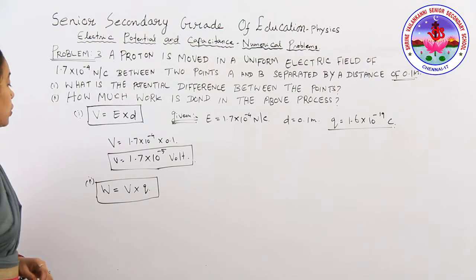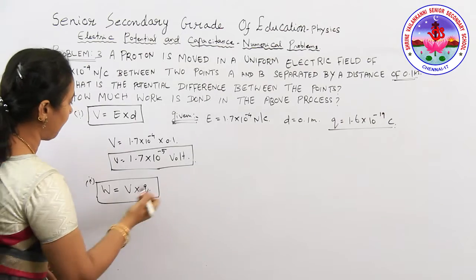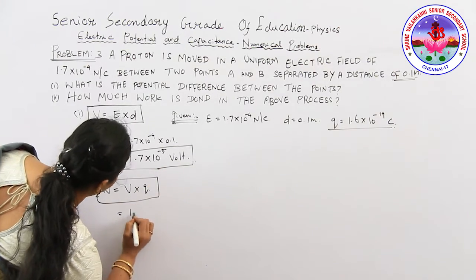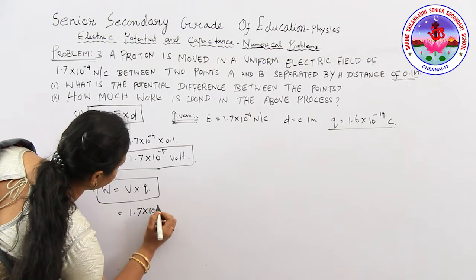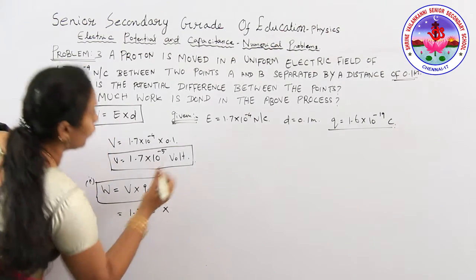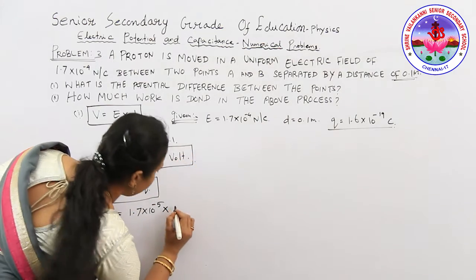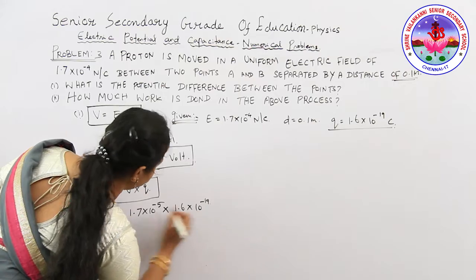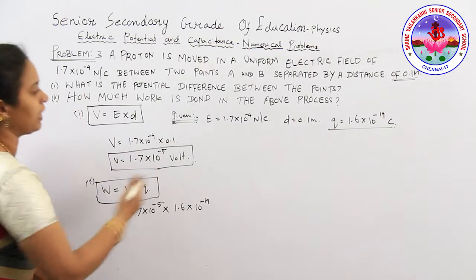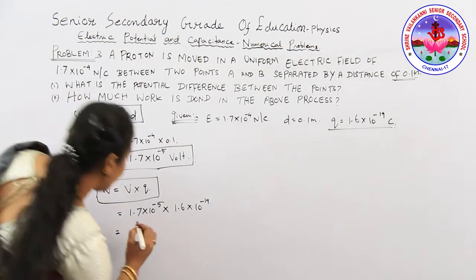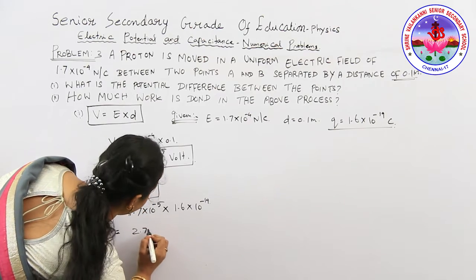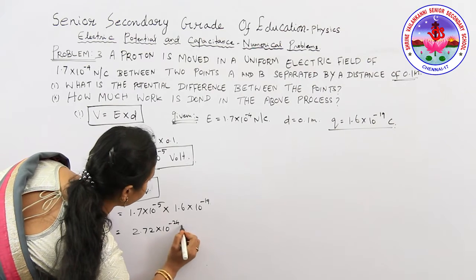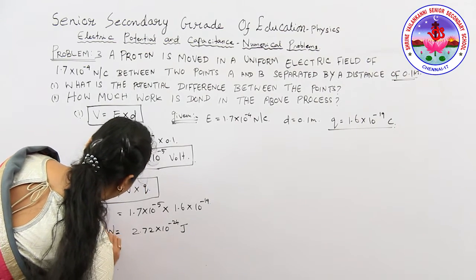So W is equal to V into Q. By applying the values, we got the V value in the above equation, 1.7 into 10 power minus 5, into the Q value, which is the proton charge, 1.6 into 10 power minus 19. Got it? By simplifying this, you will get 2.72 into 10 power minus 24 joule. That is the work done.